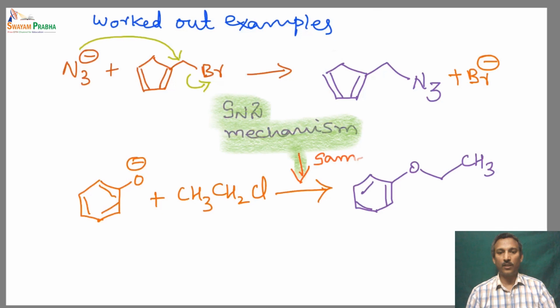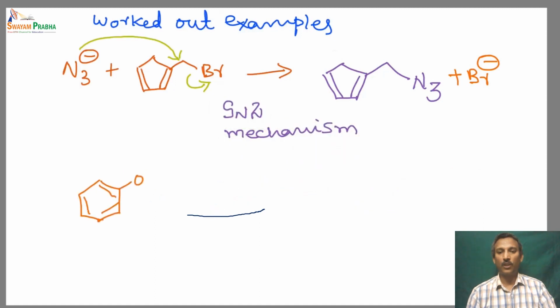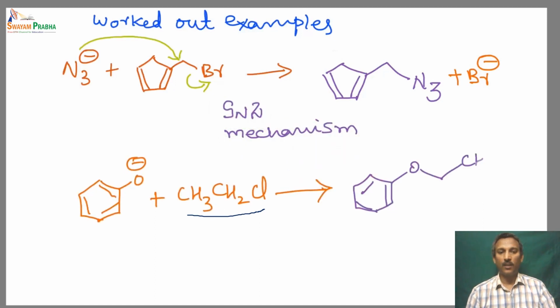So let us look at the next reaction. Here the phenoxide ion reacts with an alkyl halide. The phenoxide anion is the nucleophile and we have an alkyl halide. The reaction is the same SN2 mechanism. In this case, the anion attacks this carbon so that the chloride leaves and we end up with this ether.